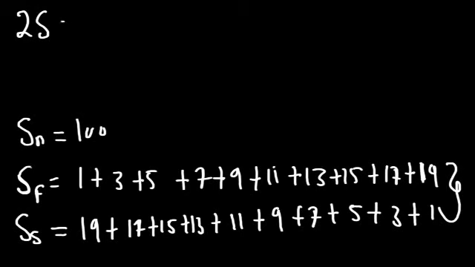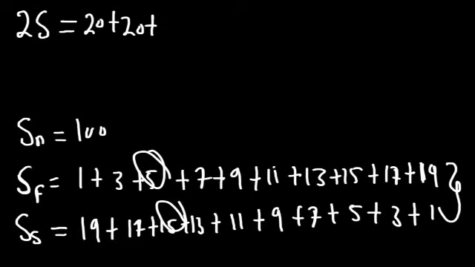This will now be equal to adding each pair of terms accordingly. The first one is 1 plus 19, so that should be 20. Then 3 plus 17, that should also be 20, plus 5 plus 15, that should also be 20.